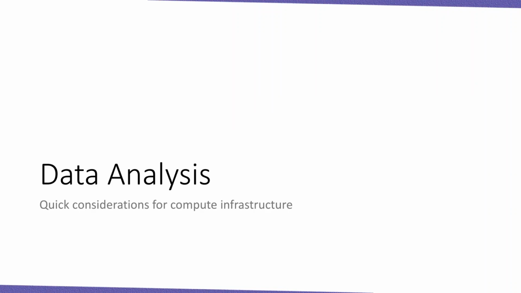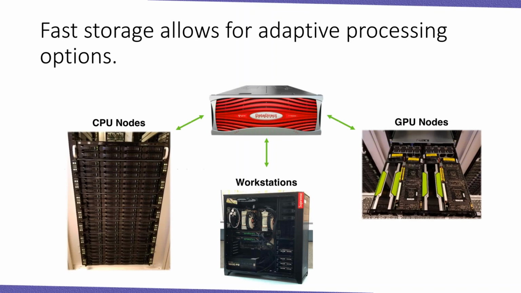Just going to briefly touch on data analysis. I don't think this is more a talk speaking to storage and the data processing and setup. I'm just going to say quickly that fast storage allows for adaptive processing options. So if you properly set up storage for your microscope and all the data coming off the microscope, that will lend itself to you doing whatever you want with processing.